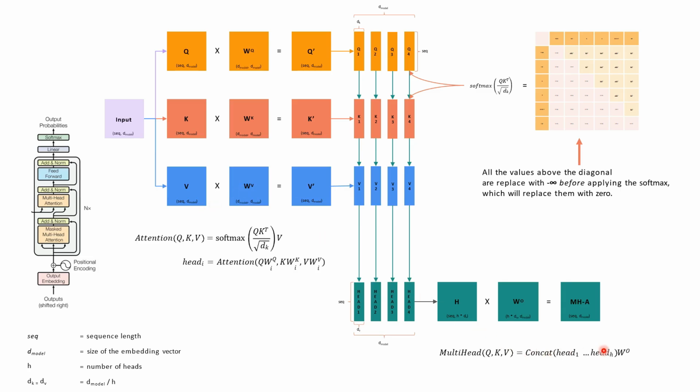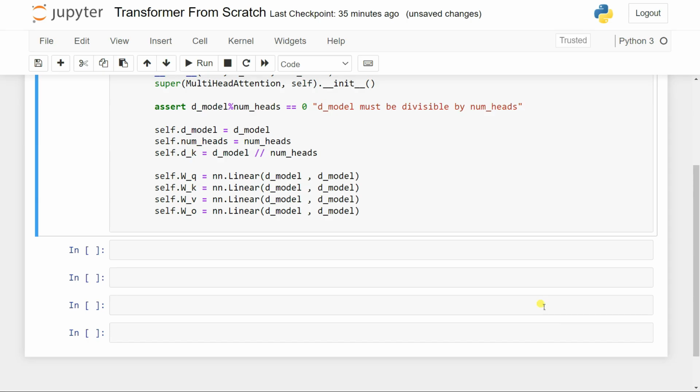In the slide you can see we have one output vector as well. So we do it for the query transformation, the key transformation, the value transformation, as well as the output transformation.